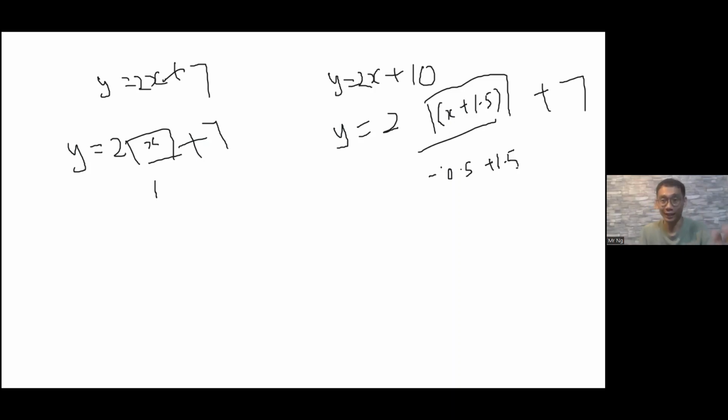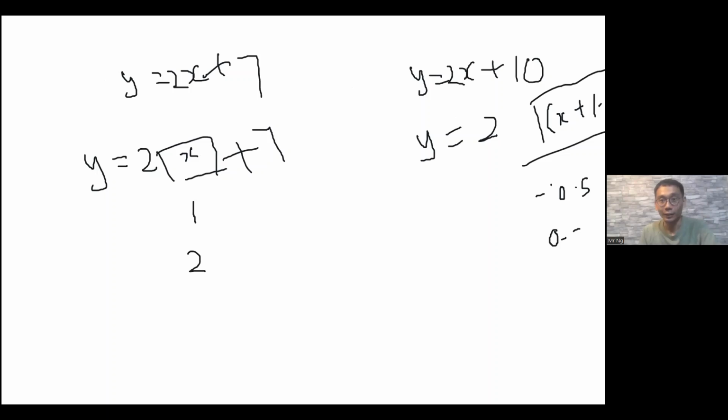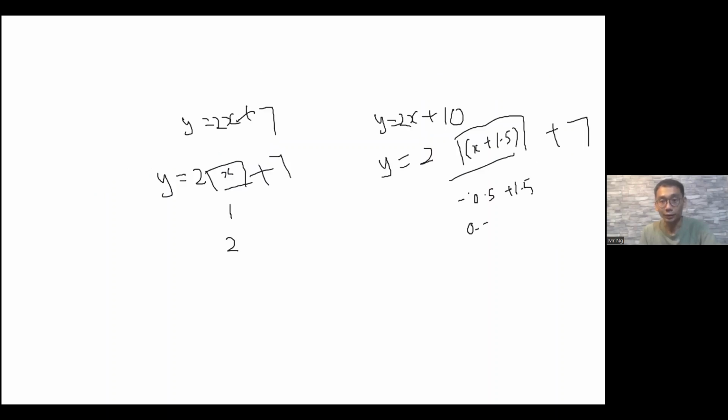Let's try another example. If this one is a 2, this thing needs to be a 0.5, so that eventually it makes the whole thing into 2.